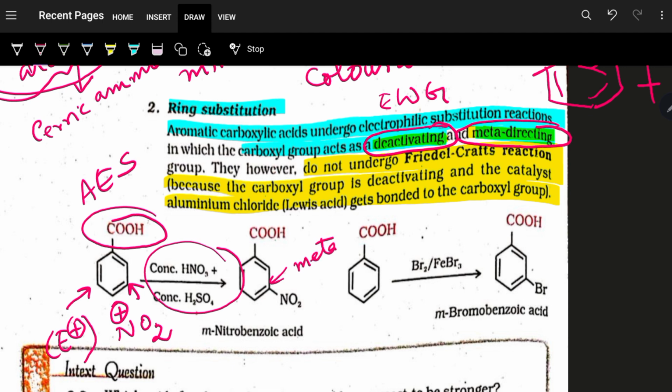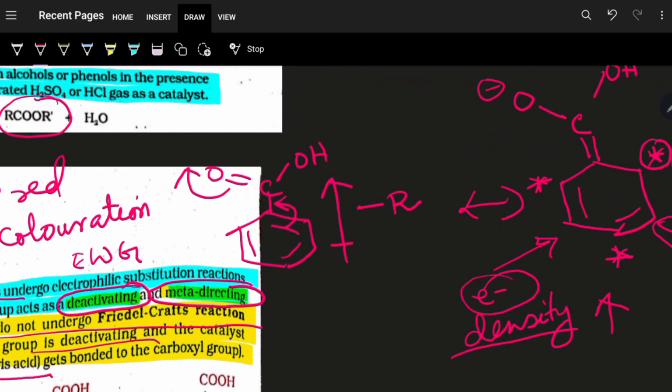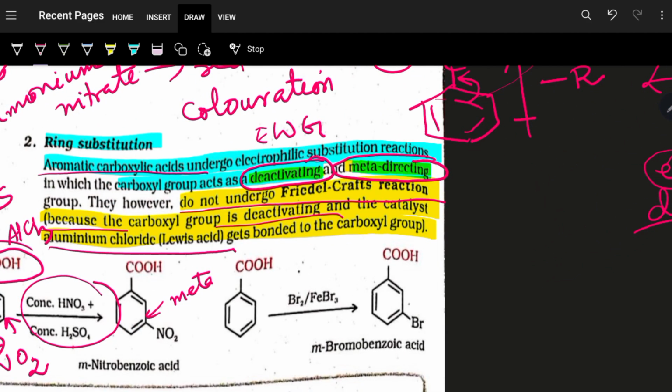Next, one more important point: benzoic acid, or aromatic carboxylic acid, does not undergo Friedel-Crafts reaction. Why? We have seen it is deactivating in nature. Moreover, the Lewis acid, anhydrous AlCl3, is electron deficient, so it takes electrons from the electron rich centre and gets bonded to the carboxyl group.